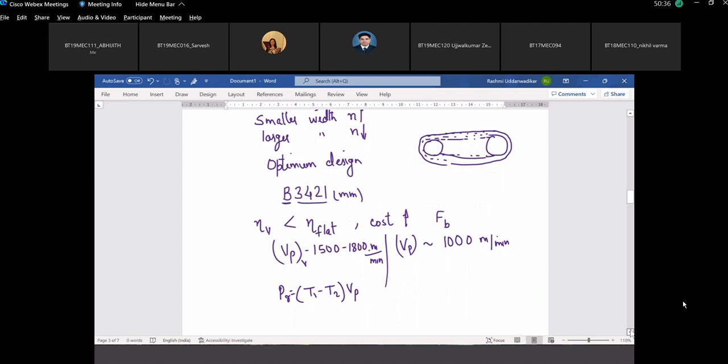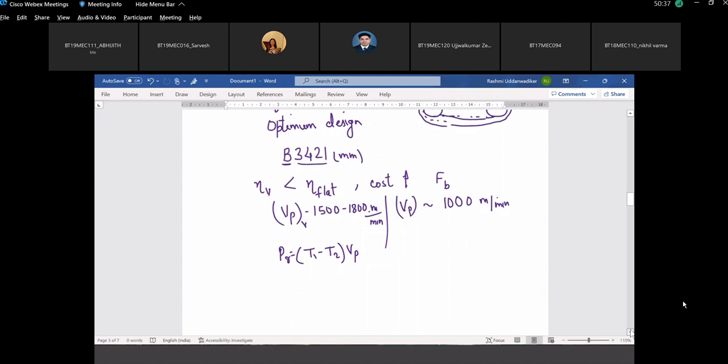Again, comparing the power transmission capacity of the V belt and the flat belt. We know that T1 by T2 for V belt is e raised to mu dash theta, and for flat belt it is e raised to mu theta.